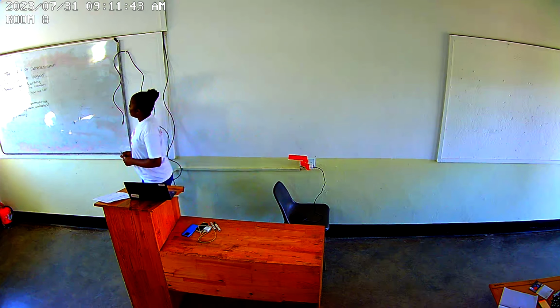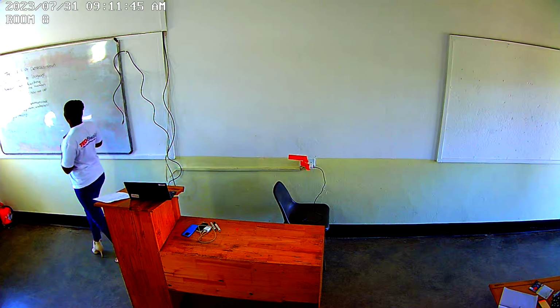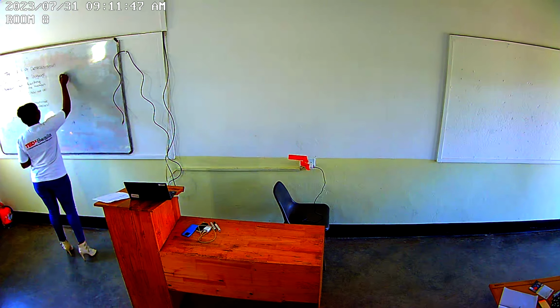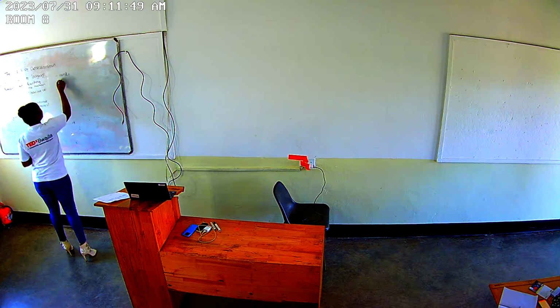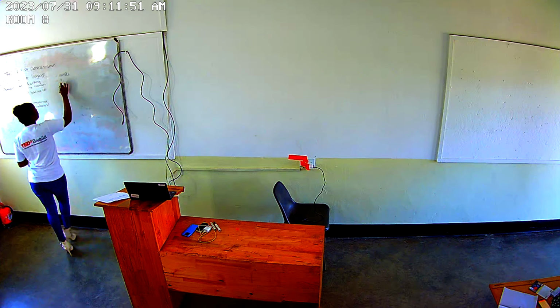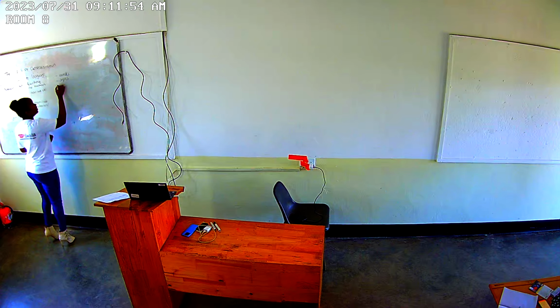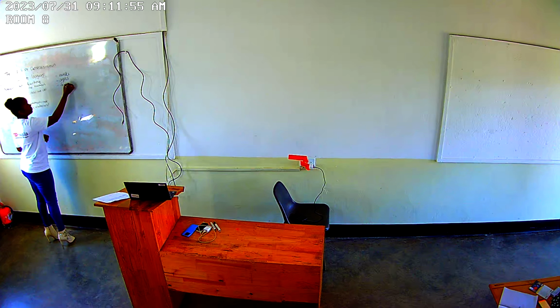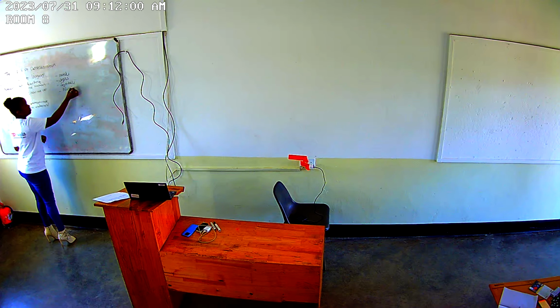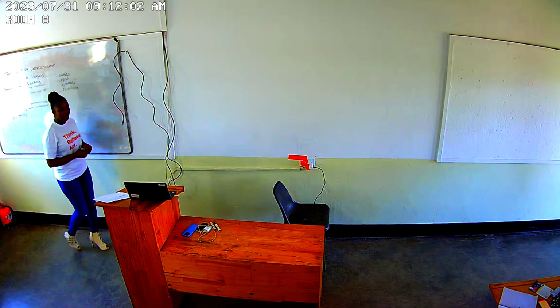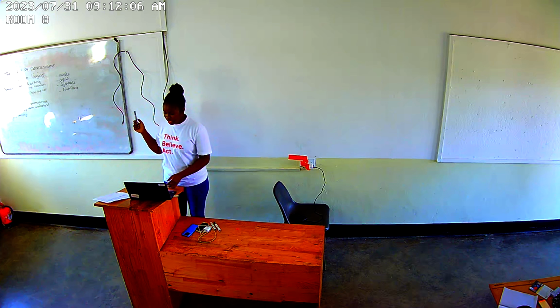So language is a formal system of communication that uses words, signs, it uses symbols, and sometimes numbers. So it is a formal way of communication that uses these things.